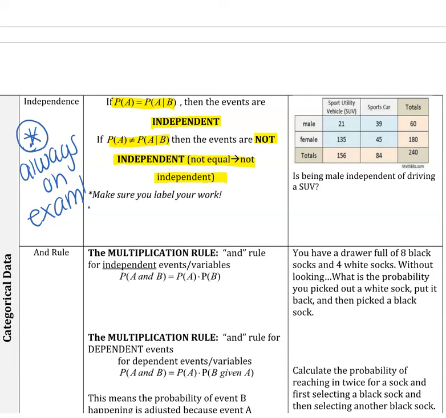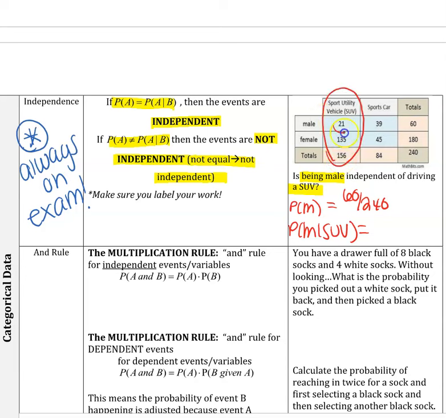So if I want to figure out if being male is independent from driving an SUV, I would figure out the probability of male and then the probability of male given SUV. So probability of being male was 60 out of 240. Probability of male given SUV, so given SUV, male, that's 21 out of 156.